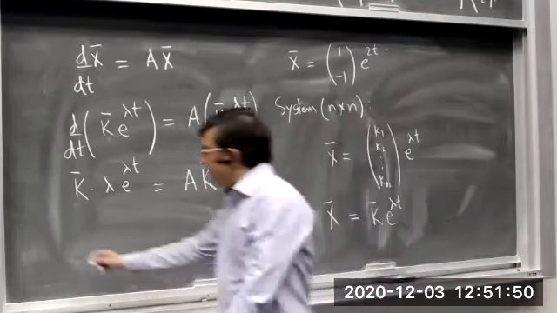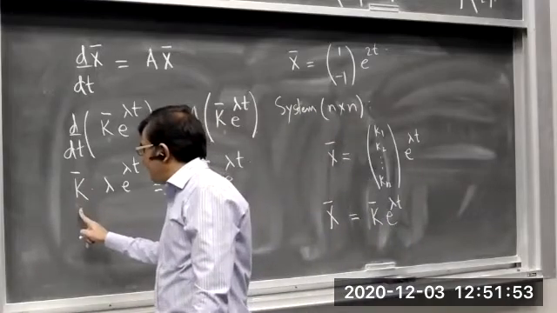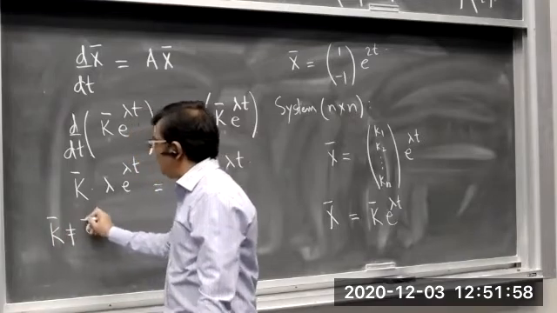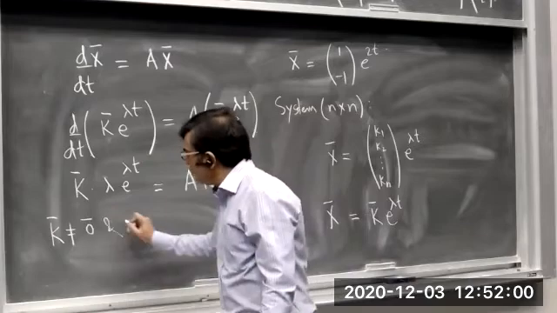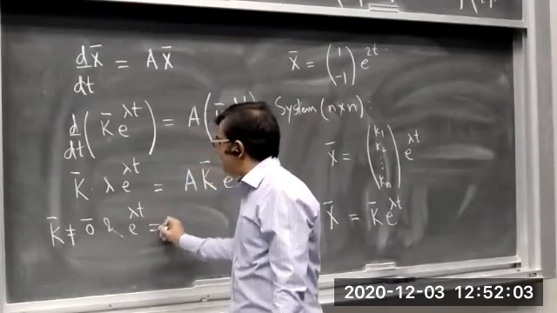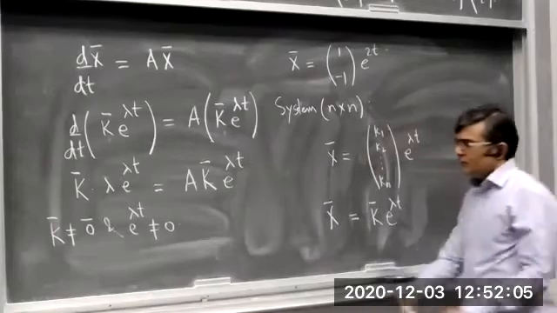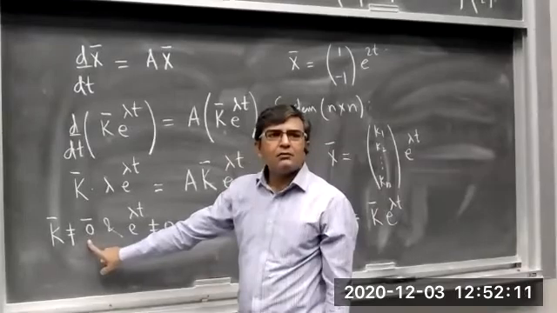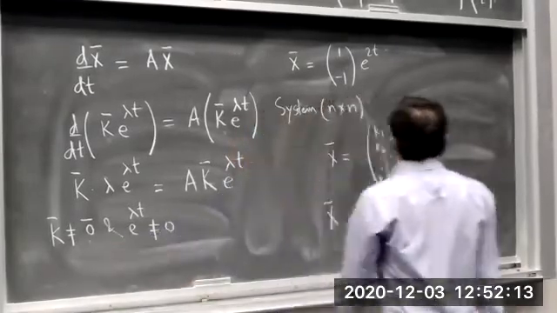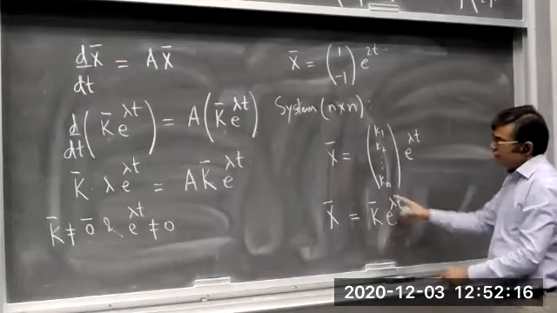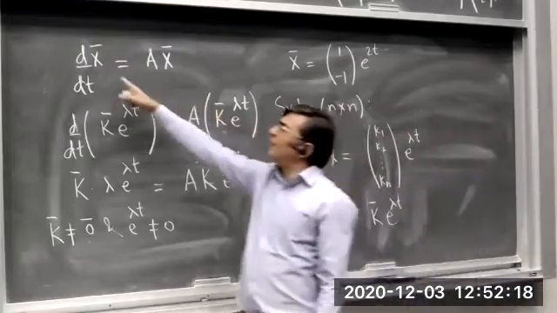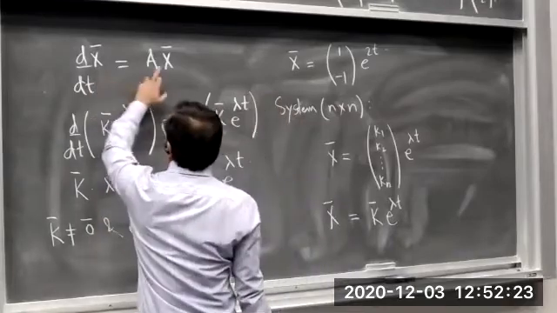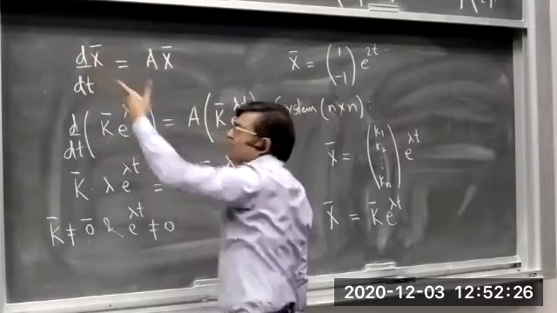If we assume that the k vector is not a zero vector, and the exponential function is never zero: if this k vector is the zero vector, then the solution will become a trivial solution, and every linear system must have a trivial solution. If we put x as zero, both sides are satisfied.